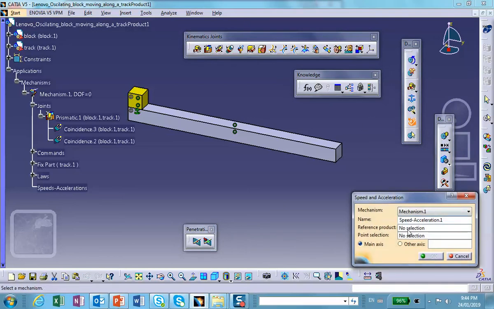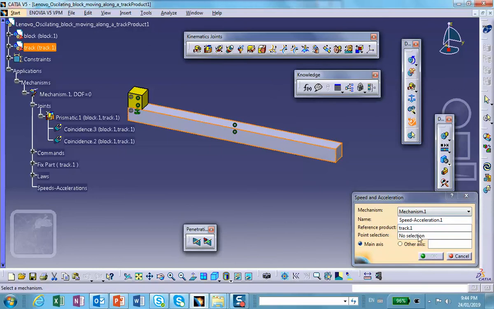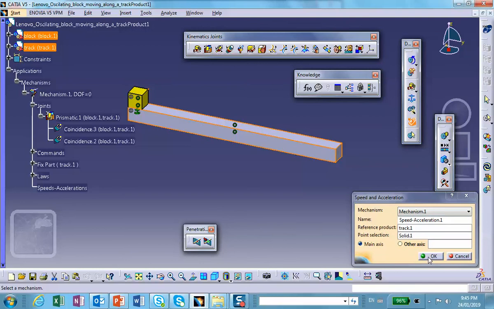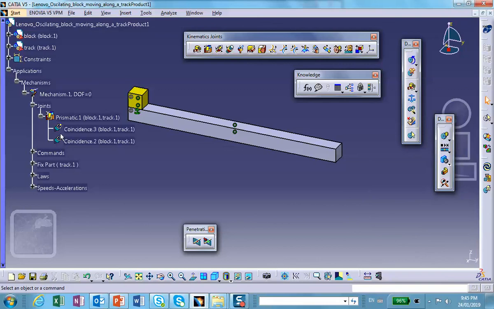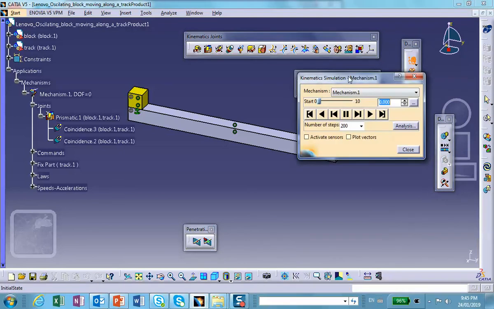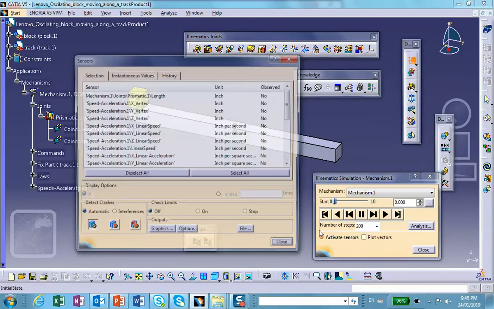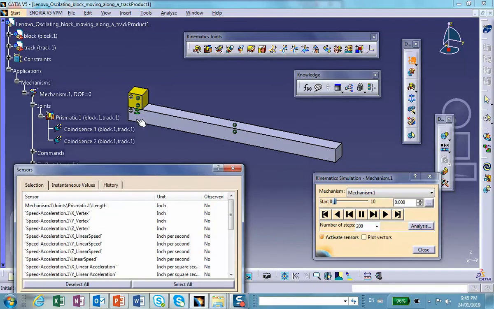So the reference product is the base, and for the point we are taking that point. Okay, and then we do simulation with laws. Over a 10-second period.